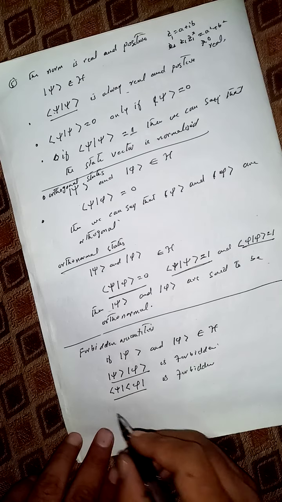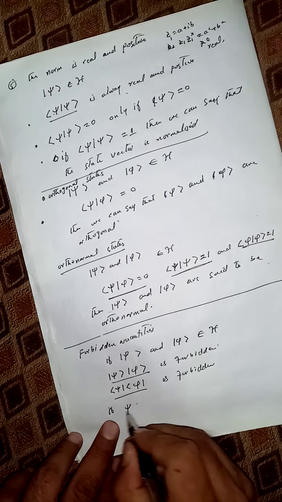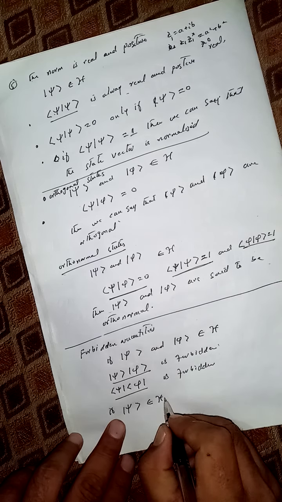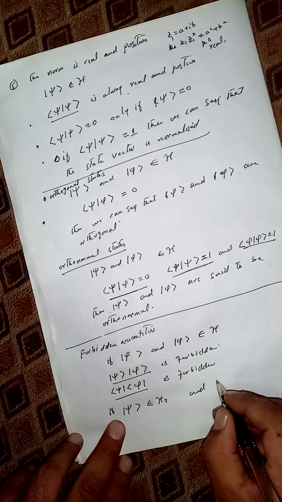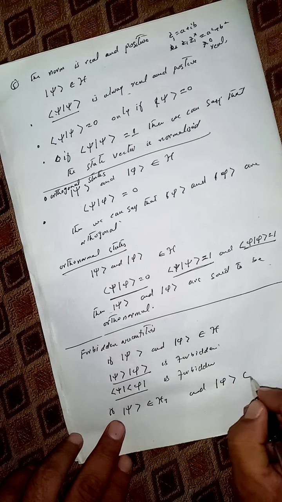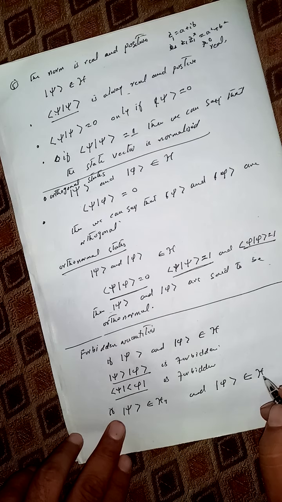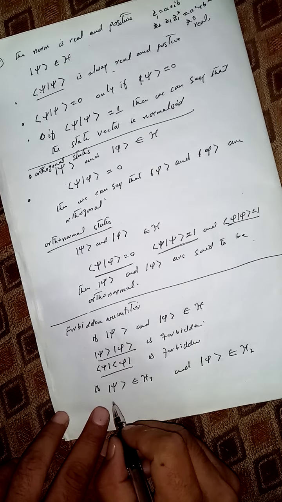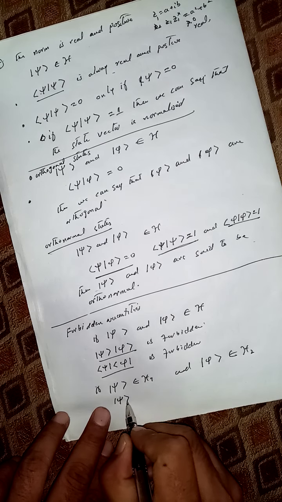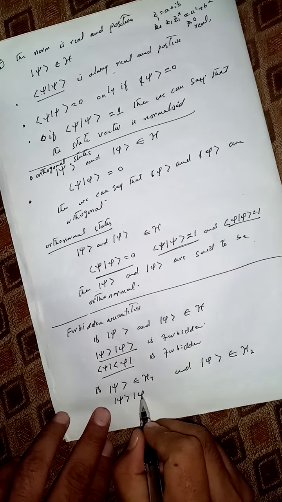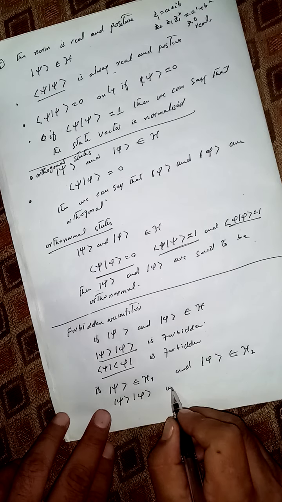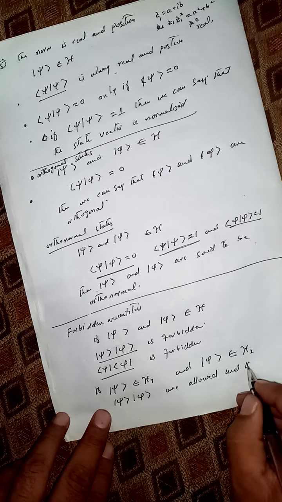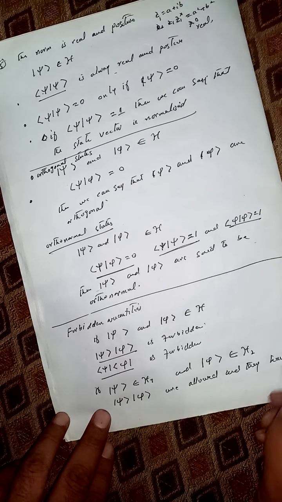But if the ket psi belongs to one vector space or one Hilbert space H1, and the ket phi belongs to another vector space or another Hilbert space, then the product of psi and phi is allowed and has some meaning.